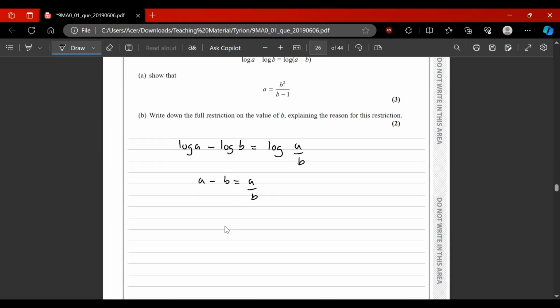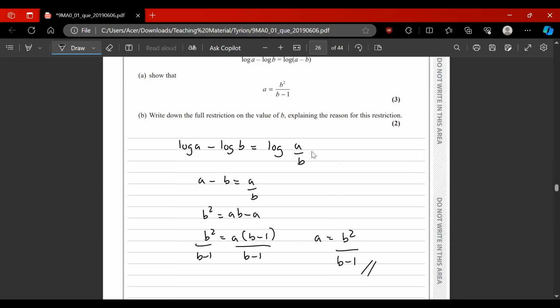If I multiply by b throughout and rearrange to make b² my subject, I'll get b² is equal to ab minus a, right? And if I now factorize a out from this second term here, I will get b minus 1, divide both sides by b minus 1. And so a is equal to b² over b minus 1. This is the answer for part A.